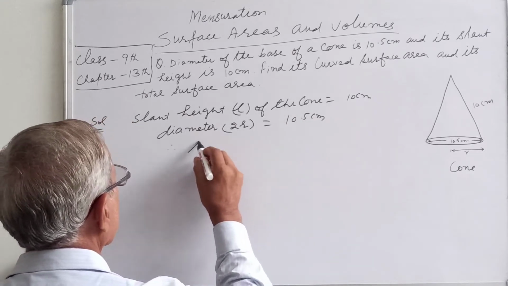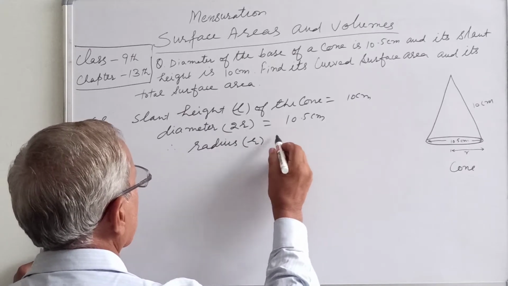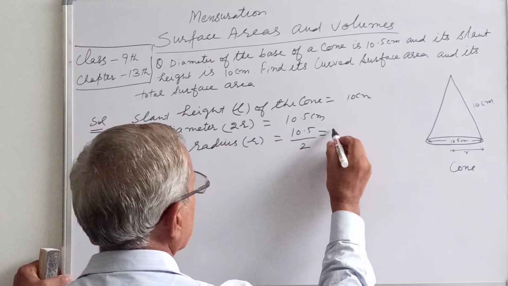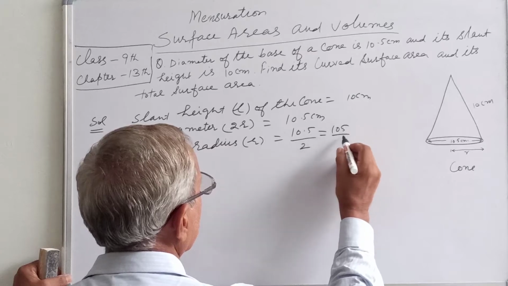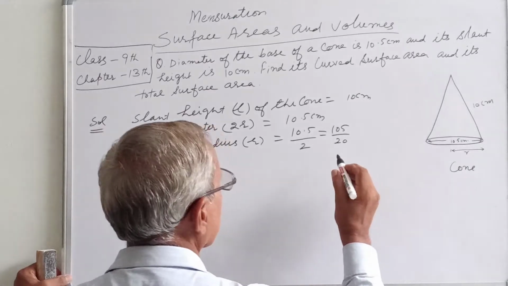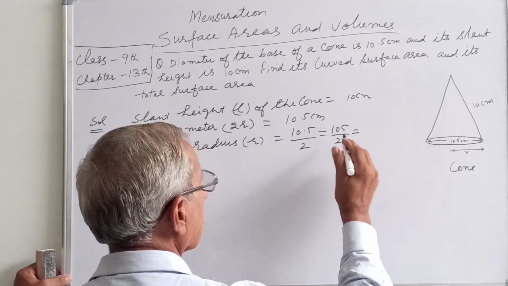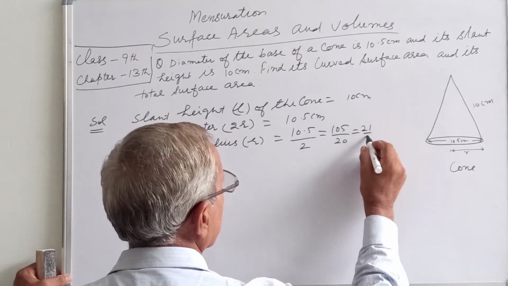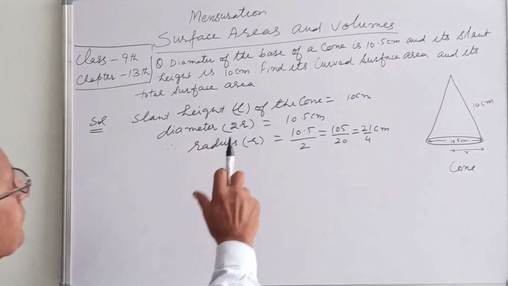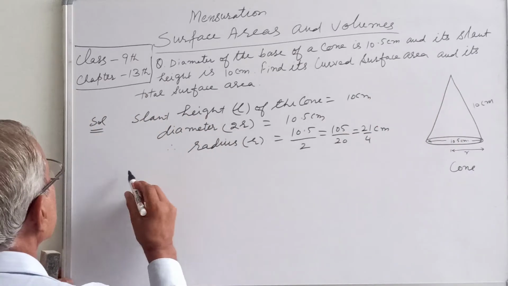Therefore, radius r will be 10.5 upon 2, that is 105 upon 20. Divide it by 5, that will be 21 upon 4 centimeters. So you have to find its curved surface area and its total surface area.